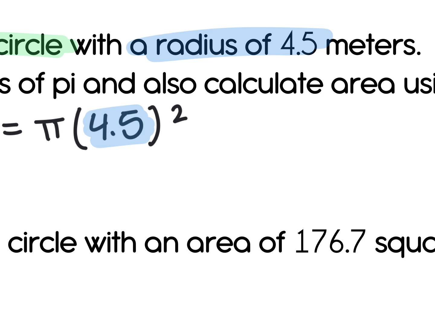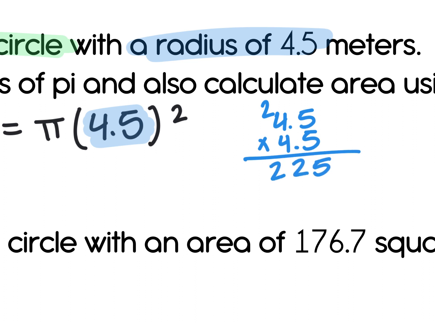It is 4.5 times 4.5. Multiplying it out, 5 times 5 is 25. 5 times 4 is 20 plus 2 is 22. Keep my place. 4 times 5 is 20. My 2 is already there. 4 times 4 is 16, plus 2 gives me 18. Adding everything, 5 to 20.